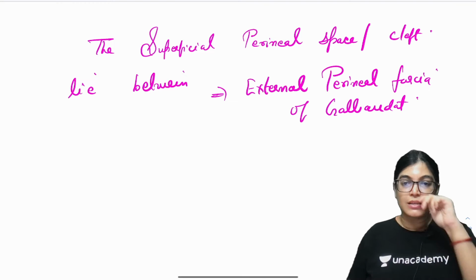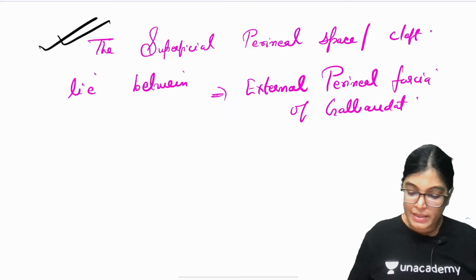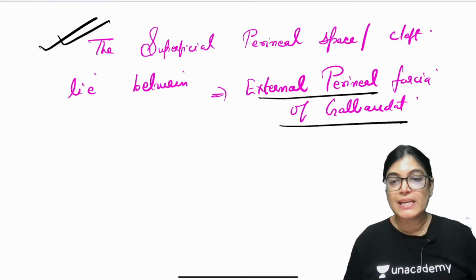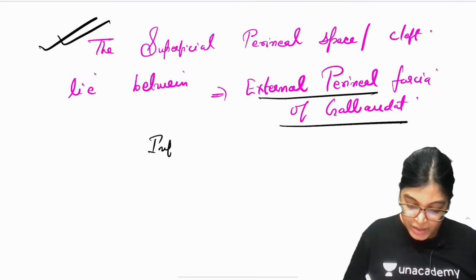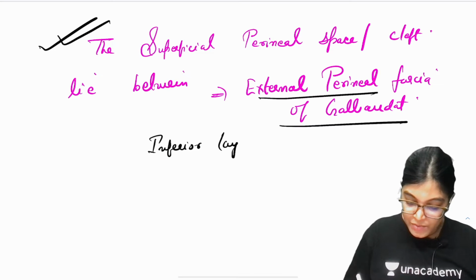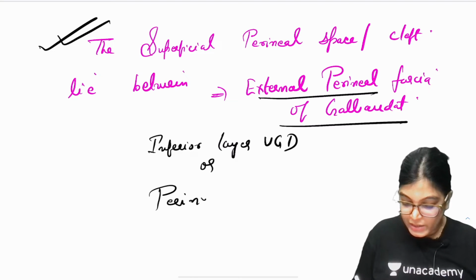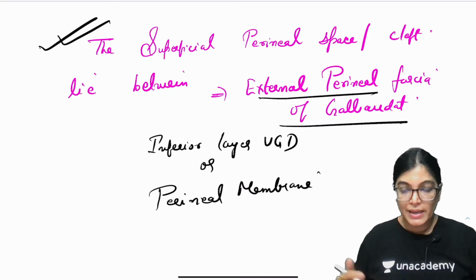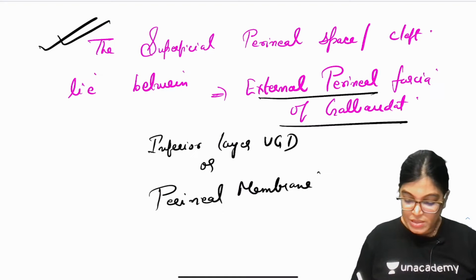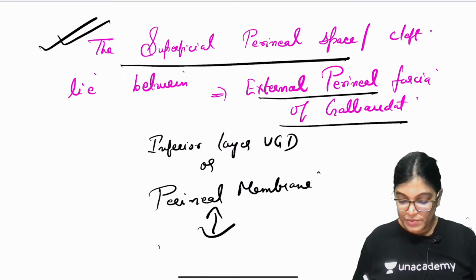Don't get confused with the name. This is the same fascia, the inferior layer or membrane of urogenital diaphragm, also called the perineal membrane. All these are similar, just given to confuse you. And the fascia lying inferiorly for the superficial perineal space or cleft is the Colles fascia.